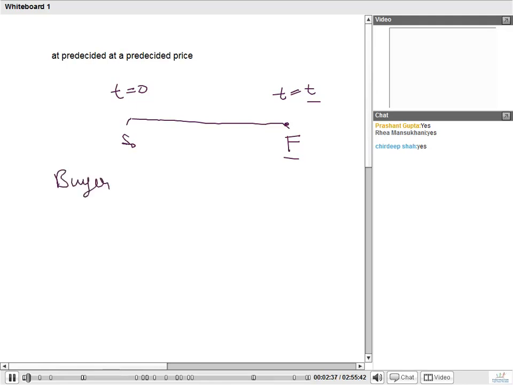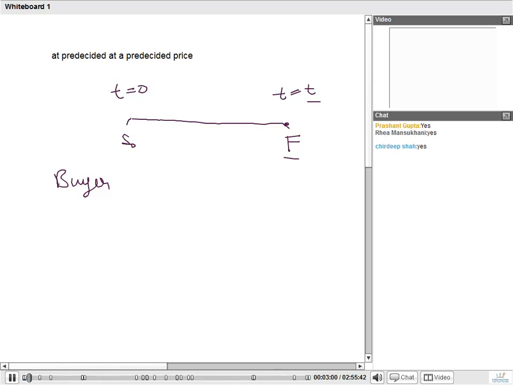As the buyer of the security in the forward market, I have two options. I am buying it in the forward, so the agreement is to pay f and buy the asset at a time t equal to t from now. Why am I choosing to buy the asset in the forward?